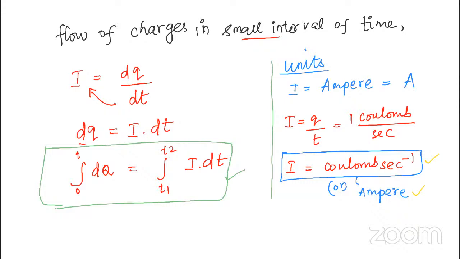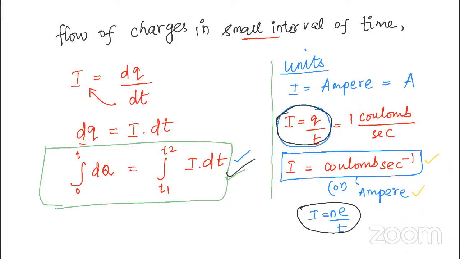I is equal to Q by T is one equation, I is equal to NE by T is another equation, and the integral form is the third. These three equations are very important to solve electric current problems. So let us now go for the problem.